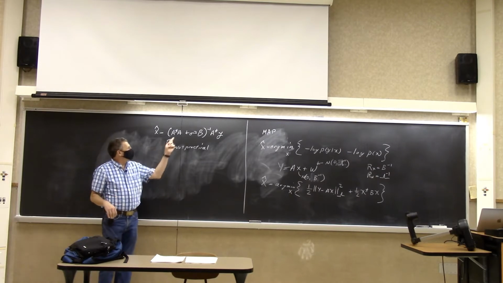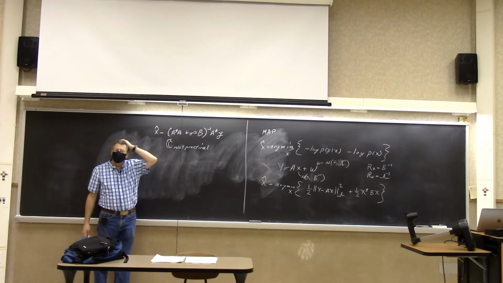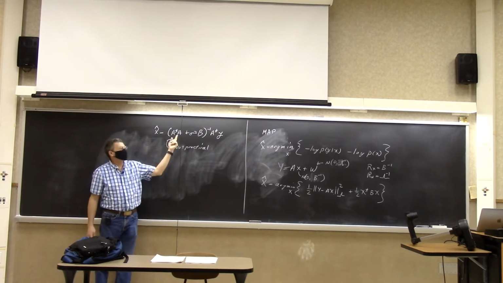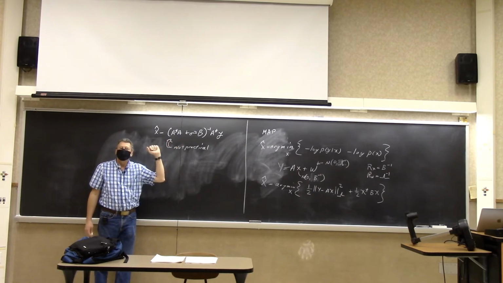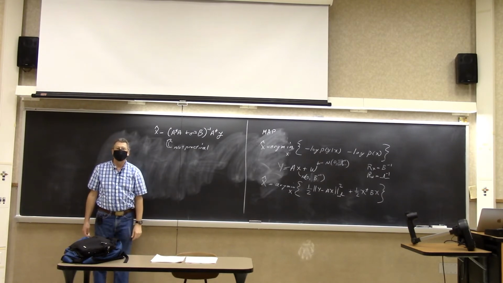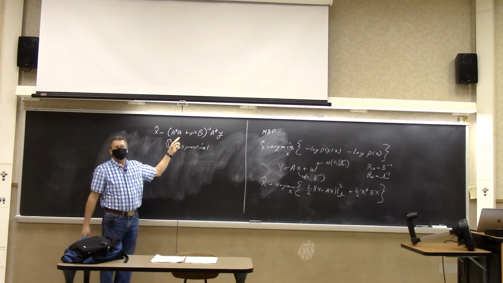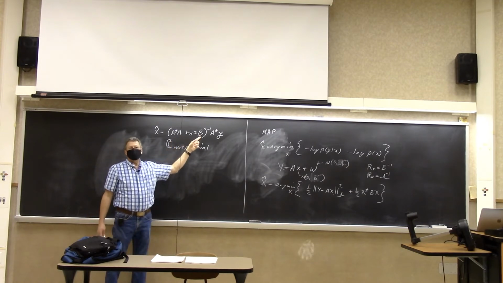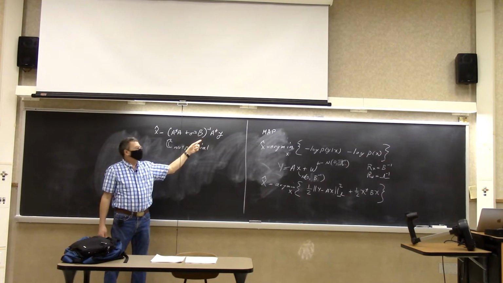But A would be circulant in the case when, say, the forward model is a linear space invariant filter. Then it's circulant. But in lots of cases, it's not circulant. But even if A is circulant, B isn't circulant usually. Well, it might be.